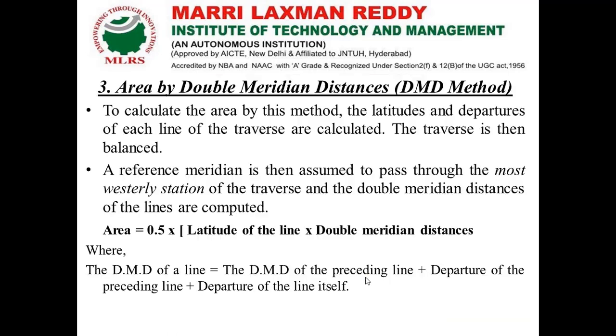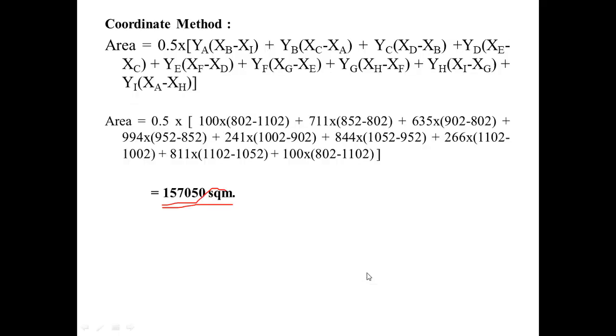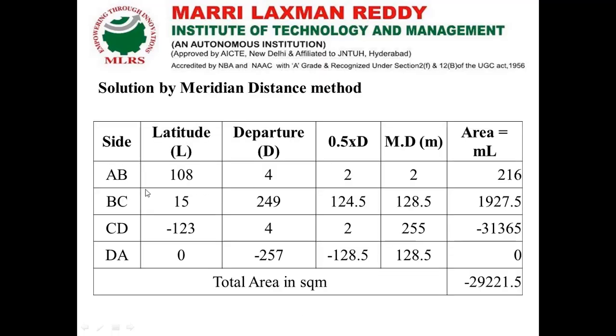So for the point A, that is the first point, we have only the departure of the line itself, so whatever value we got here, the same we are going to take.